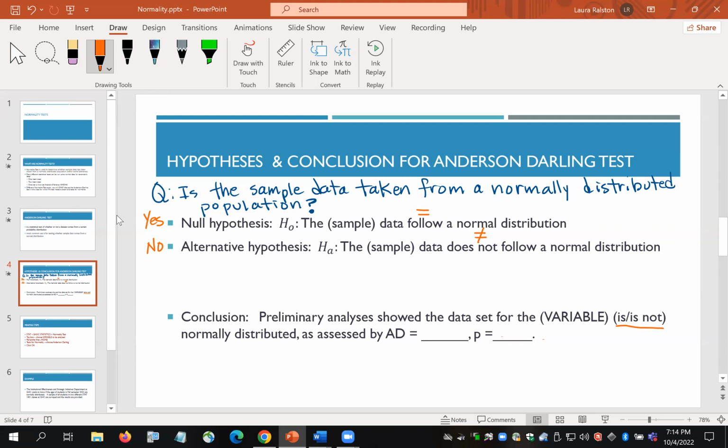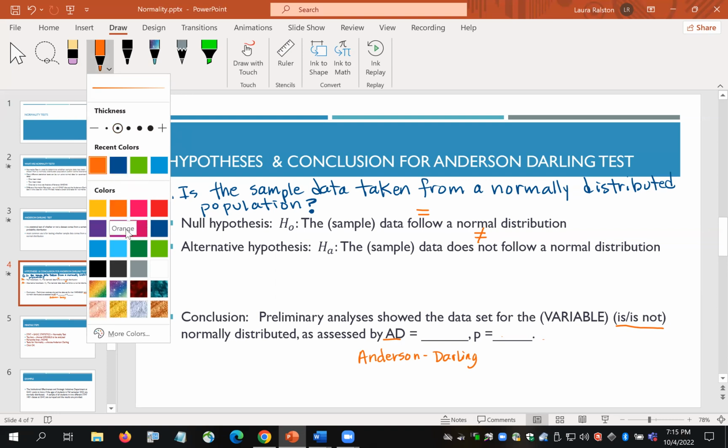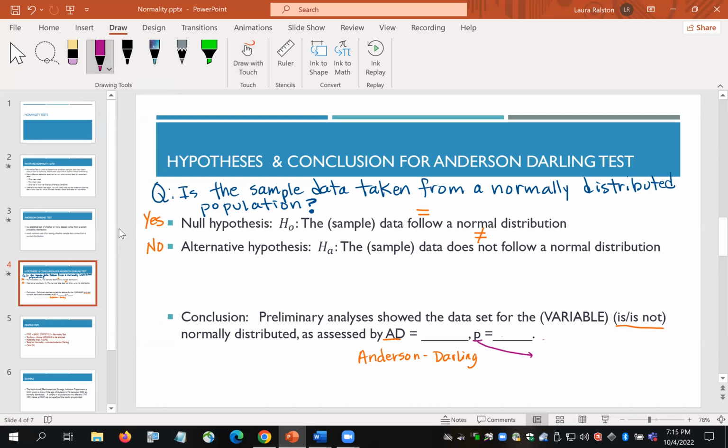The AD stands for Anderson-Darling, because that's the test we're conducting. And you have the P, and the P is, we just shortcut p-value. We don't usually write p-value. We just say P equals. Okay, so that's what the P stands for.